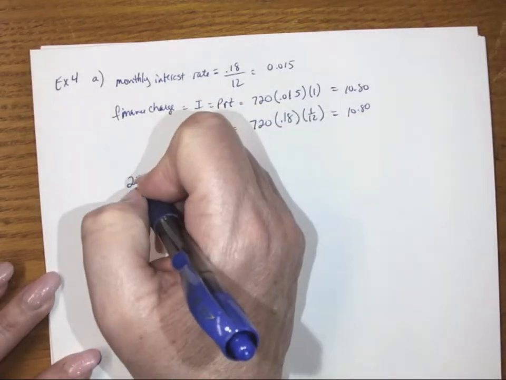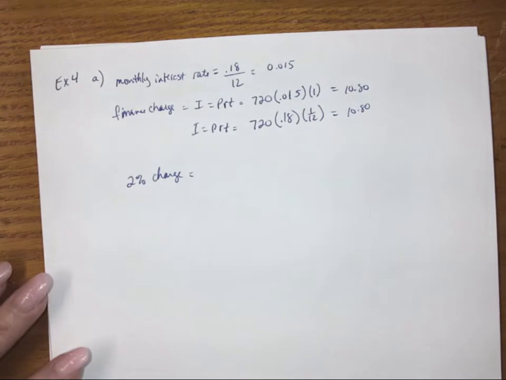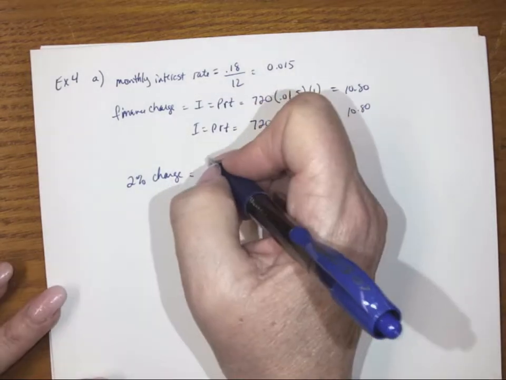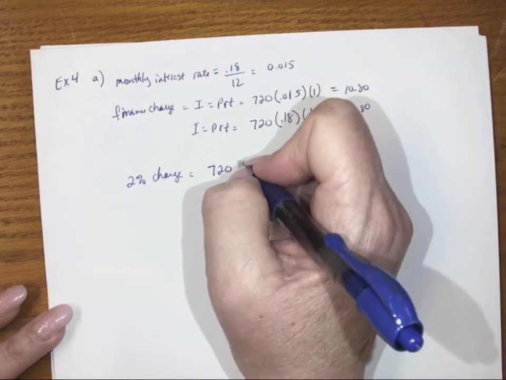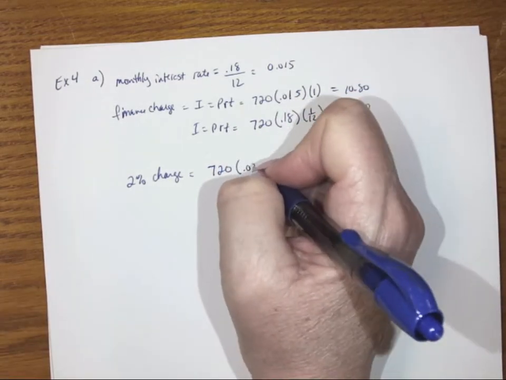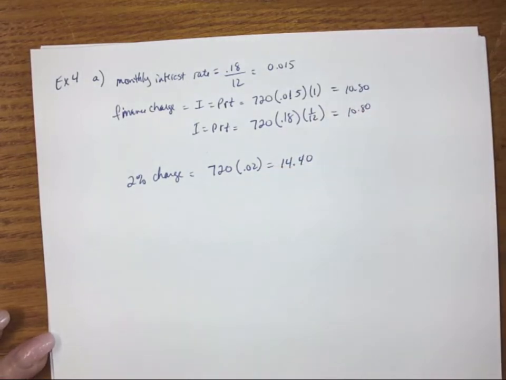We also need to know what the 2% charges. So this is where we'll have a little bit more to pay. You're going to take your balance of 720 times 0.02, which will get us $14.40.